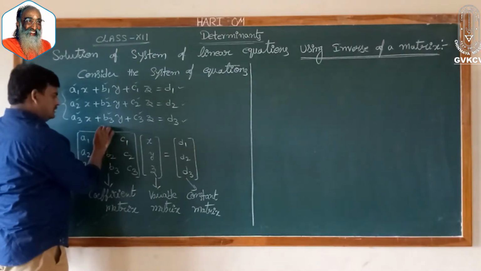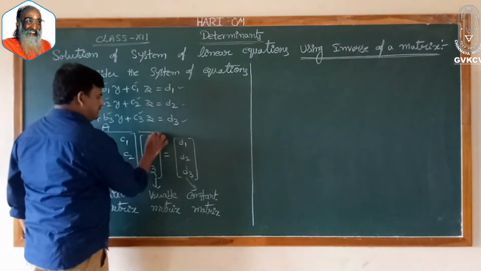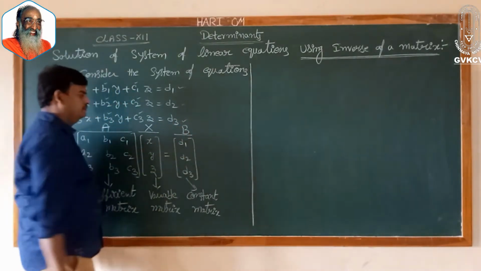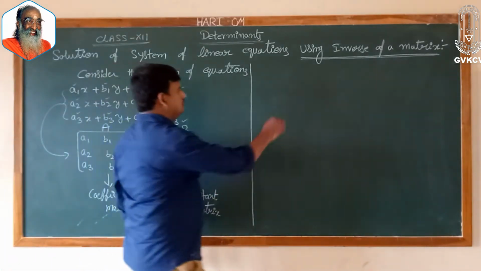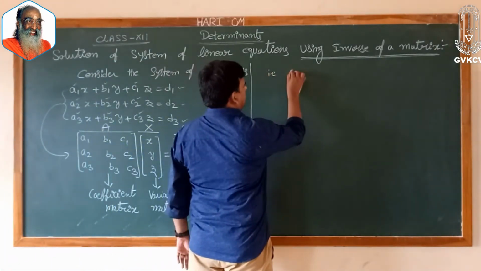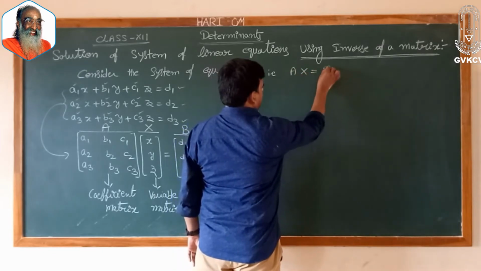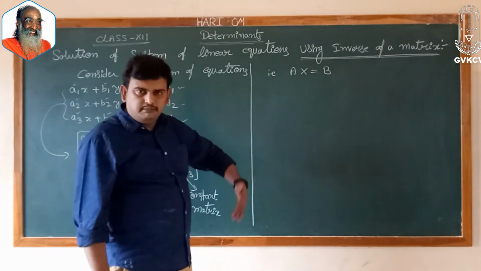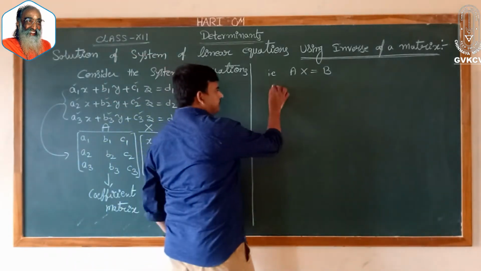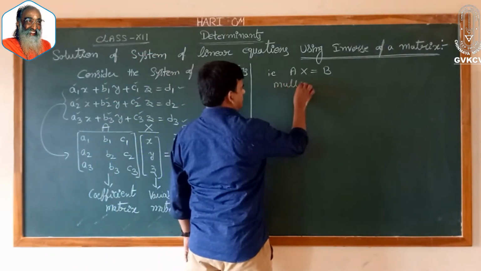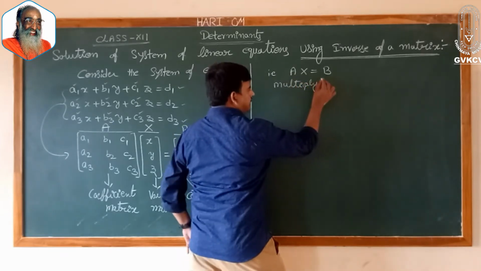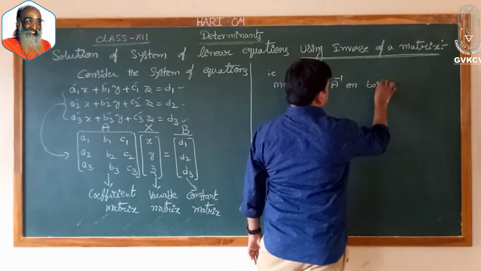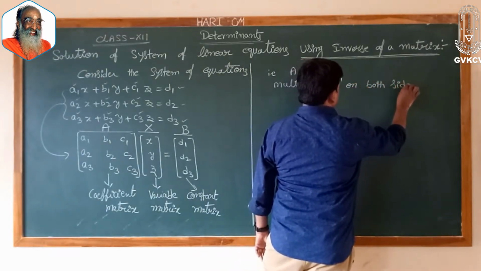So the first matrix I am considering as capital A, the second matrix as capital X, the third matrix as capital B. Now what I have is AX is equal to B. Now I have an equation. Now we need to simplify this equation. How to simplify it? Multiply A inverse on both sides.